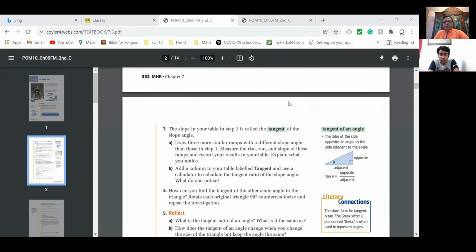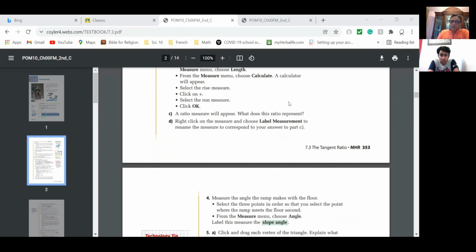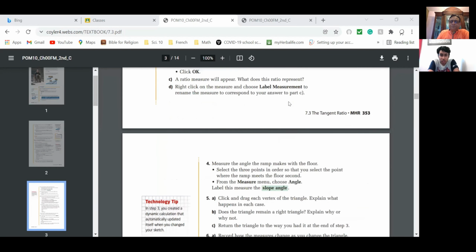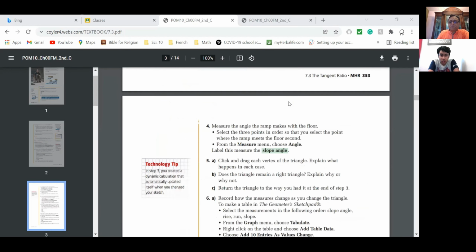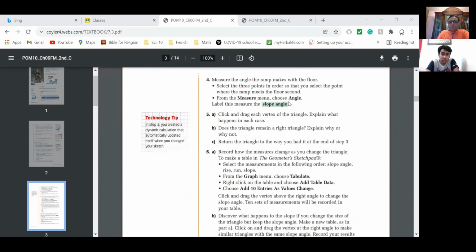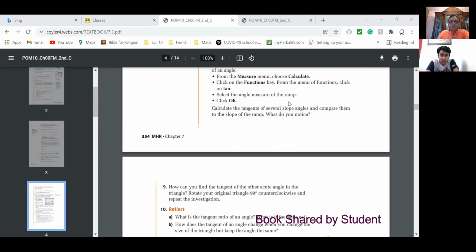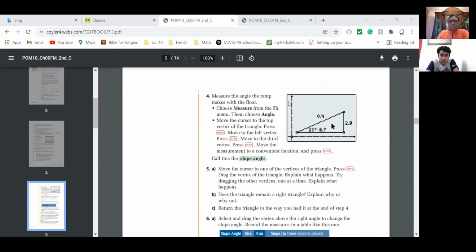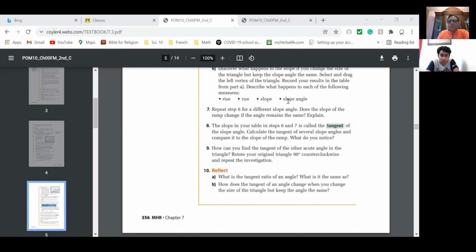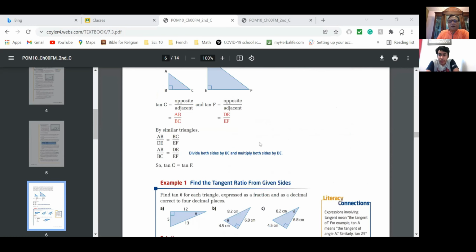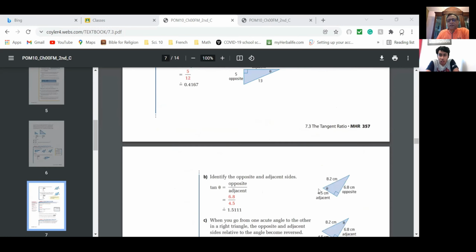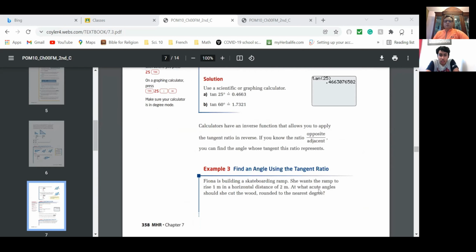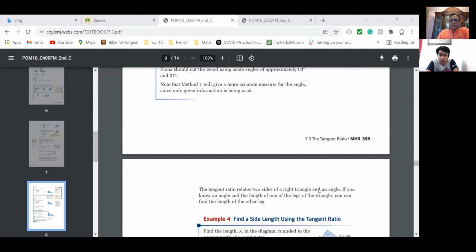We'll touch upon all these topics, ramp examples, and key concepts, and we'll take some triangles.